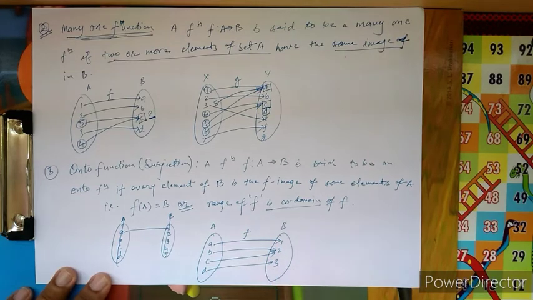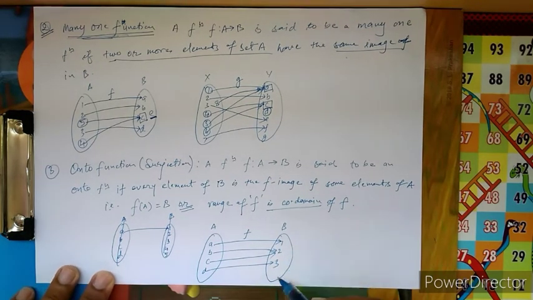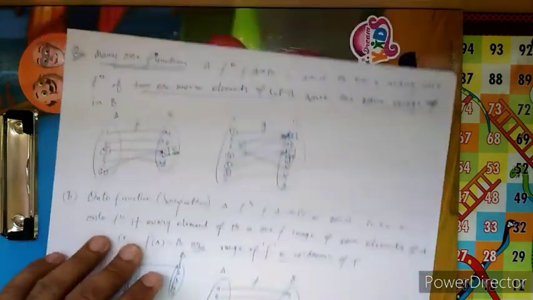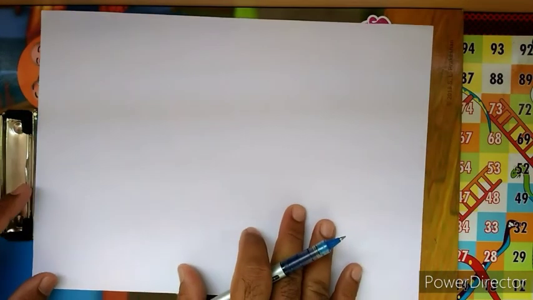So a function which states that the functional image of B has some elements of A, or all the elements of B have a pre-image in A. So we'll solve one more.